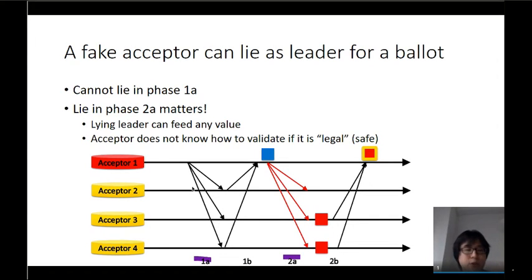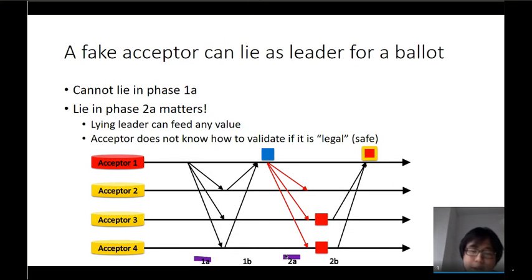If you think harder, you find out you actually cannot meaningfully lie in phase 1A, because you don't have options for phase 1A. The message is single-formed, so you either send or don't send the message.